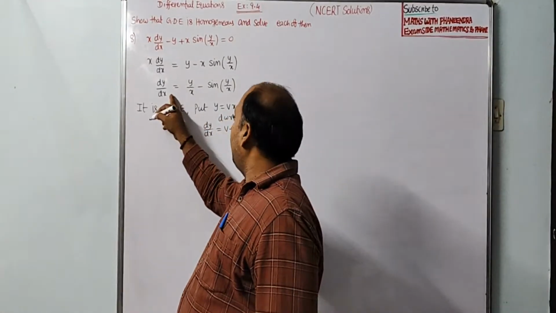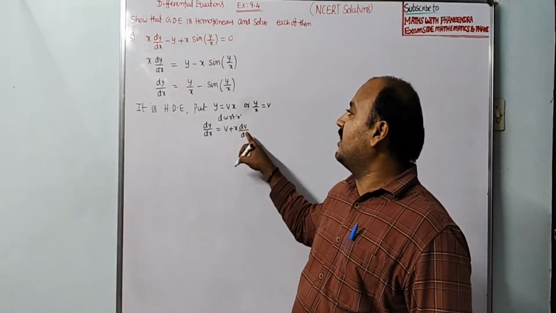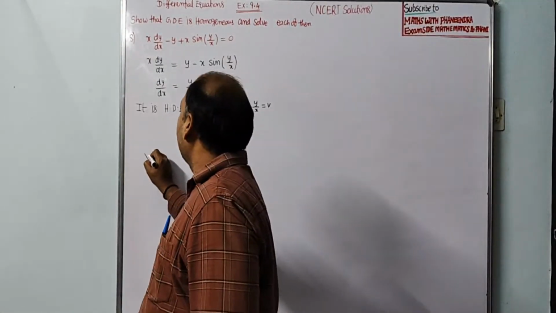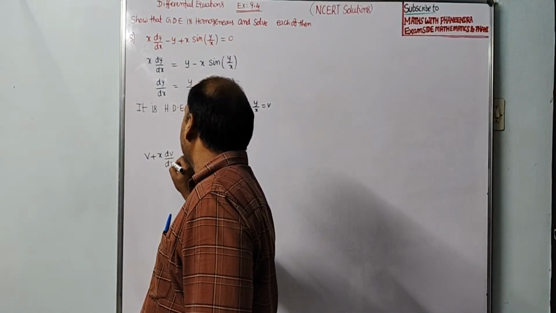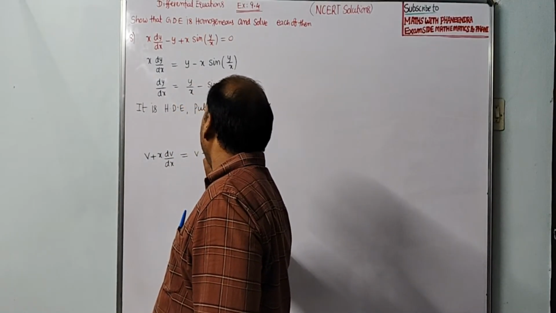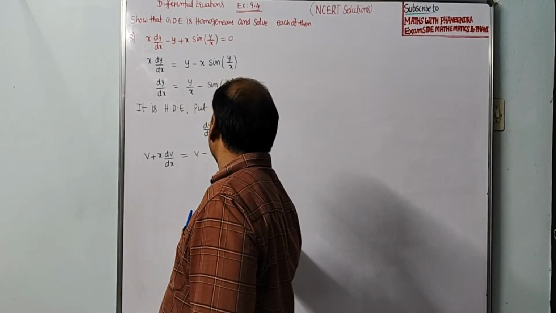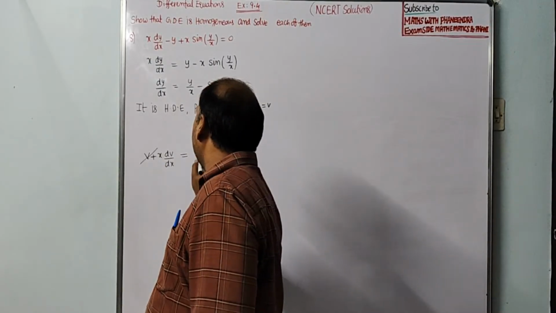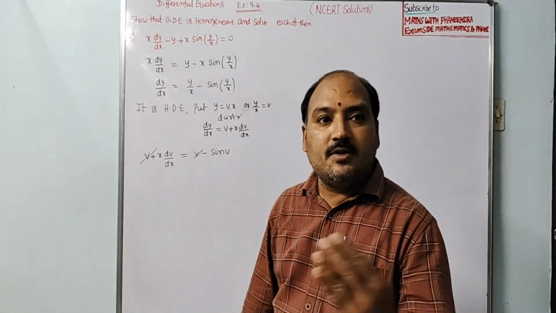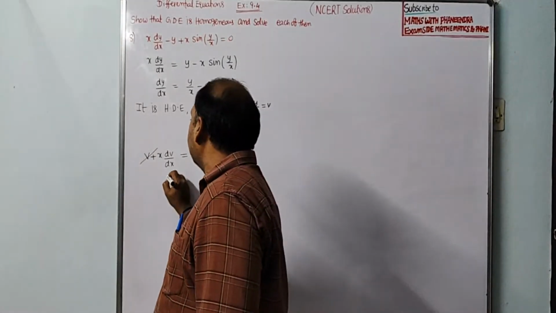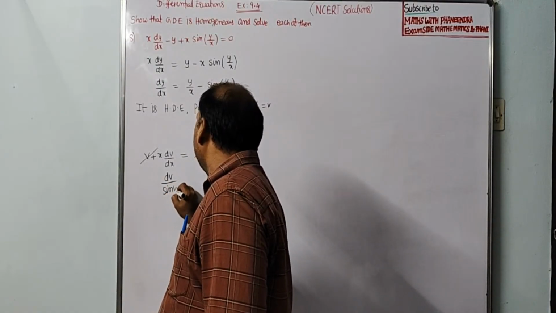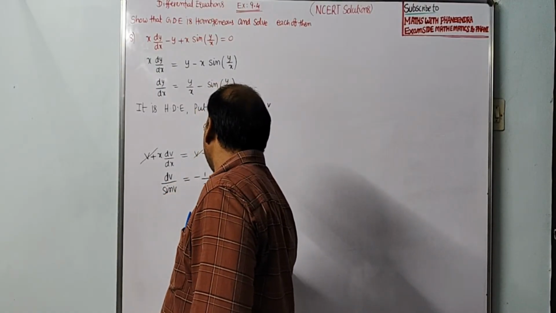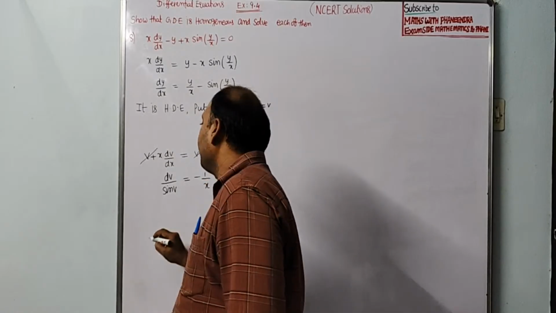So wherever dy by dx is there, v plus x dv by dx is equal to v minus sine v. Both sides v get cancelled and take all v terms one side. dv by sine v is equal to minus 1 by x into dx.